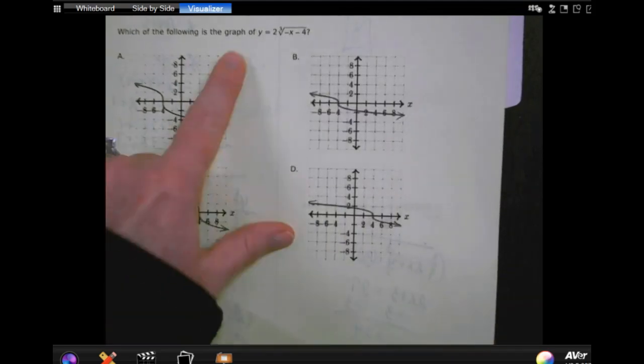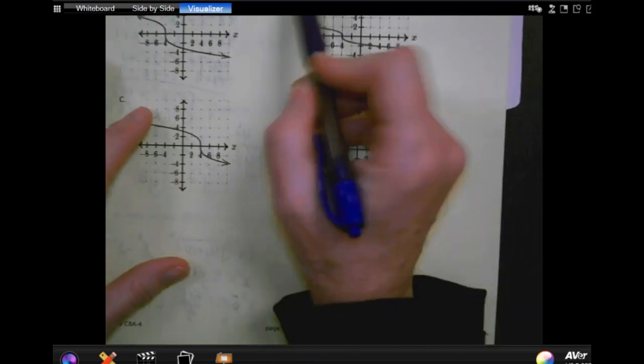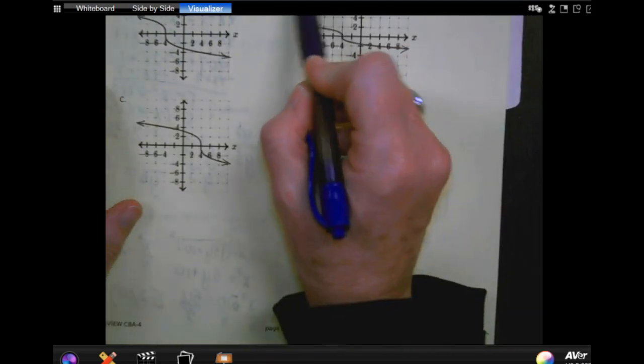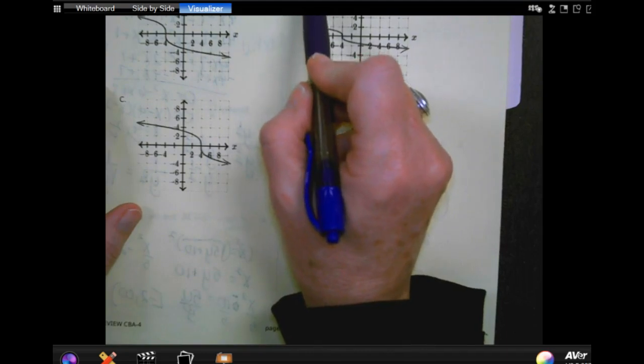So the graph of y equals the cube root of x is shown below. So there's the cube root. Which of the following is the graph? So I'll just give you a hint. First of all, can we have a minus x on the inside? What does it mean if it's a negative x on the inside? It's reflected over the y-axis.